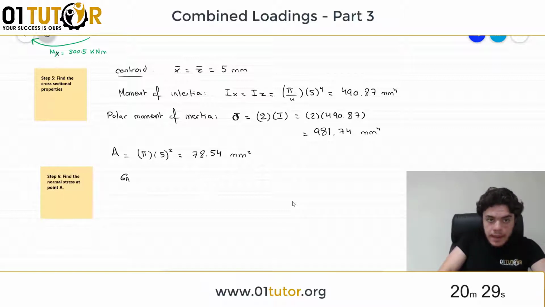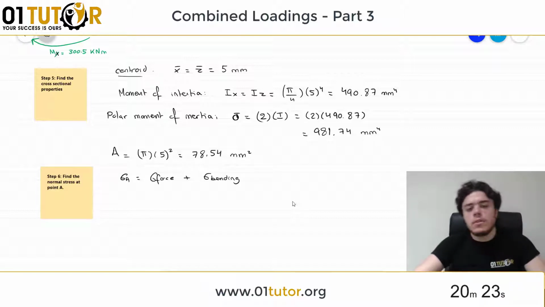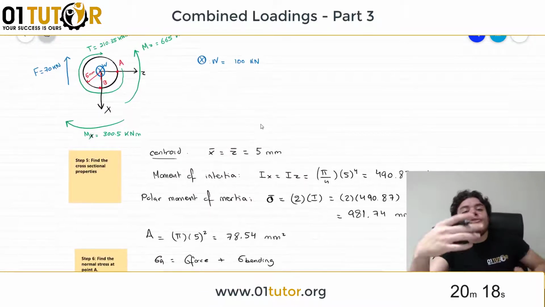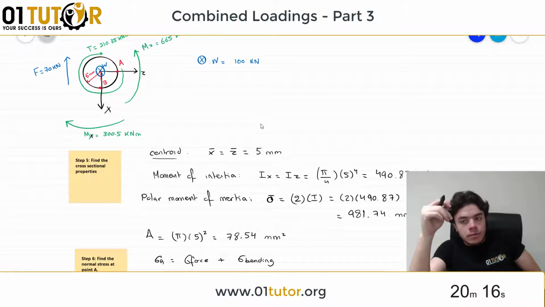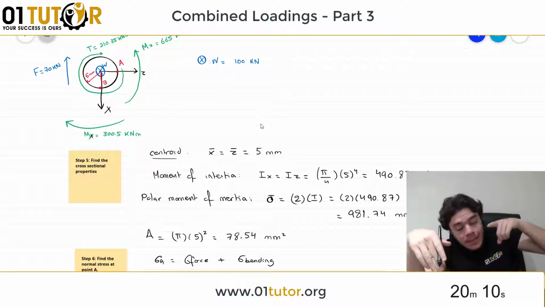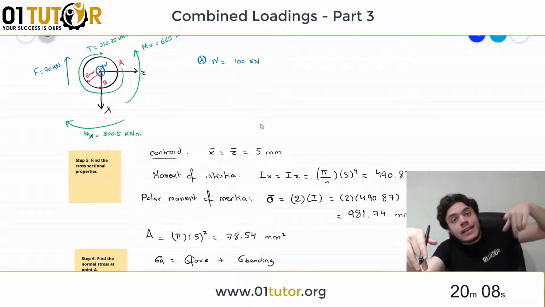Now always remember that sigma A is equal to the sigma due to the force plus sigma due to the bending. Okay, very important. How do we find sigma due to the force? Is there any normal force acting on the cross-section that is creating normal stress? Of course there is. It is the weight that is acting into the page, and it is acting in compression.